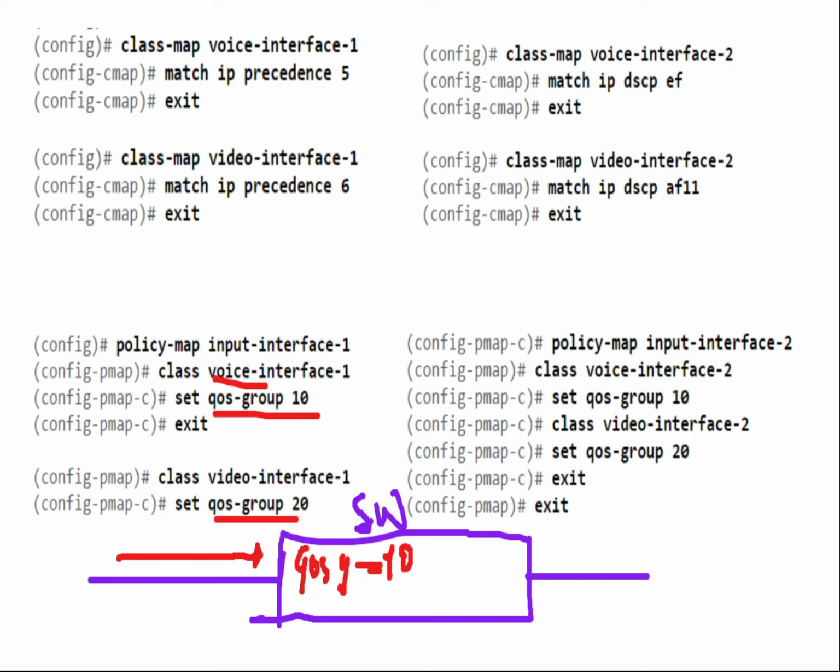And for instance, for all the video traffic that is arriving into your switch, it will get assigned a quality of service group of 20.